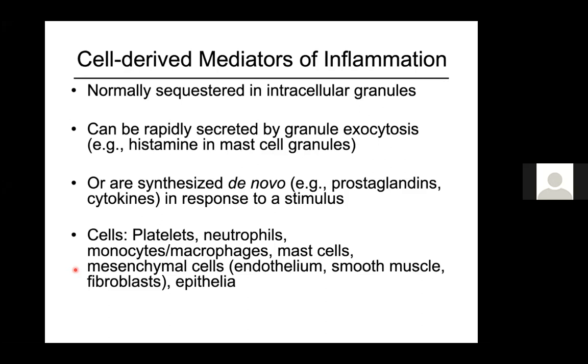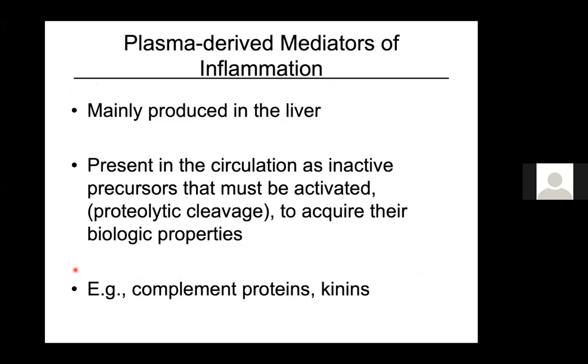So some of the cells that produce these cytokines or inflammatory mediators include your platelets, neutrophils, the monocytes and macrophages, mast cells, and even mesenchymal cells like endothelium, smooth muscle, fibroblasts, and epithelial cells. So the plasma-derived ones tend to be the plasma proteins, and we know the majority of our plasma proteins are produced by the liver.